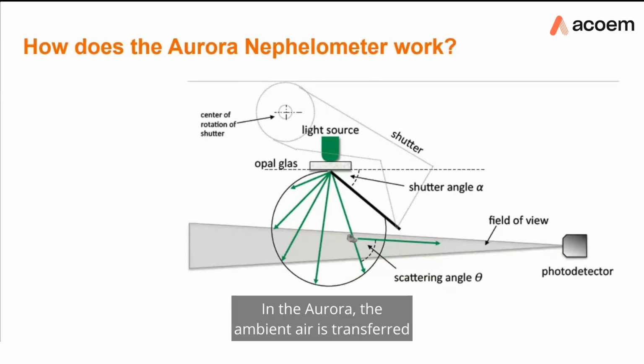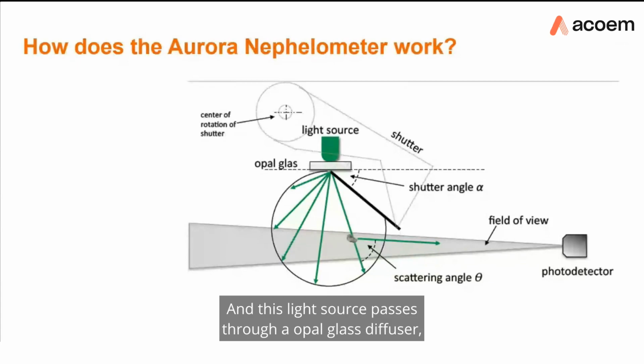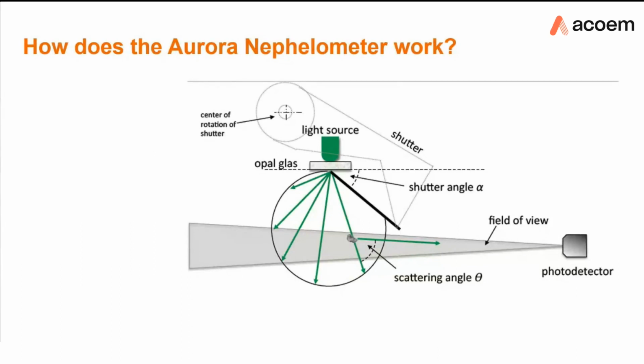In the Aurora, the ambient air is transferred into the optical cell where it's illuminated by a high-intensity pulsating LED light source. This light source passes through an opal glass diffuser, which gives its unique Lambertian distribution.